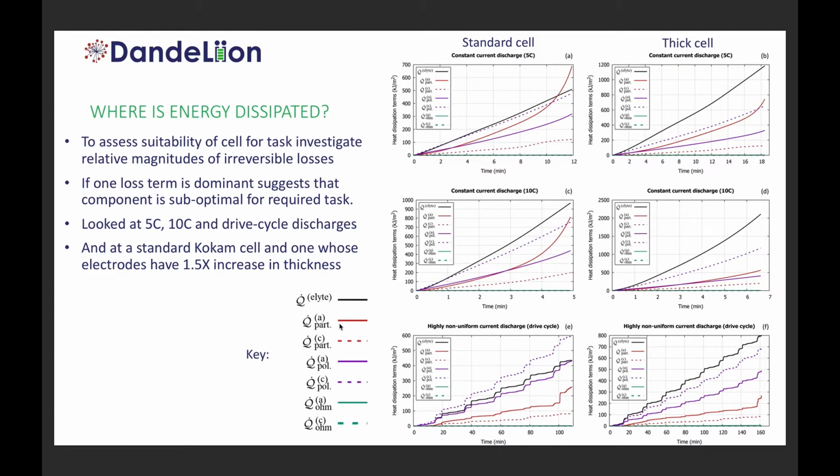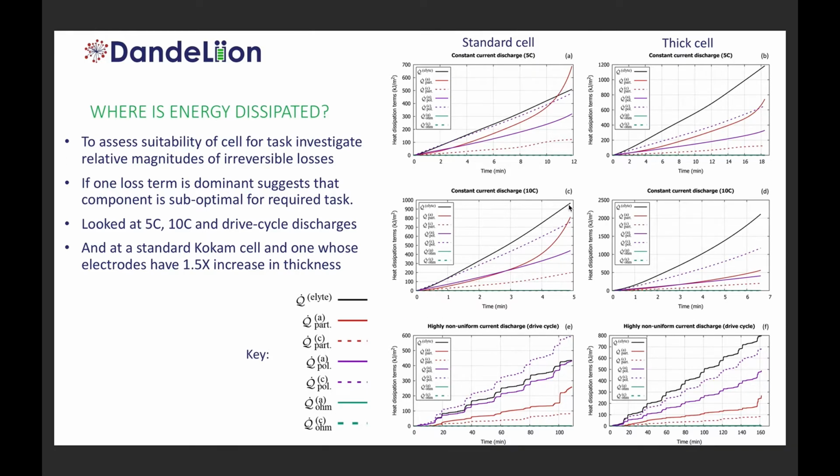And so here this red curve illustrates the energy dissipation due to the heat of mixing, and in a 5C discharge, this is actually the dominant source of energy dissipation, and it's something that nearly everybody neglects, so that's slightly surprising.